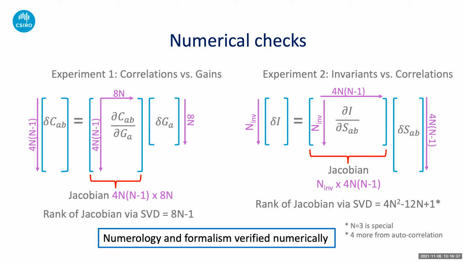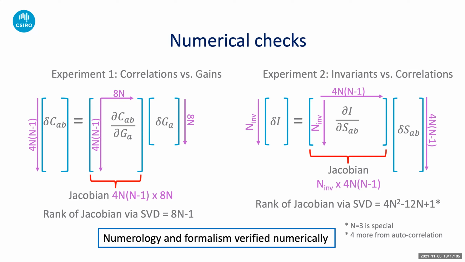And we found that the number of ways in which it doesn't vary agrees with our theory. And similarly, you could also make the inputs the visibilities and the outputs the invariants themselves and consider the rank of this Jacobian matrix. And we found that, again, the dimension of the Jacobian matrix agrees with what we expect the number of invariants to be.